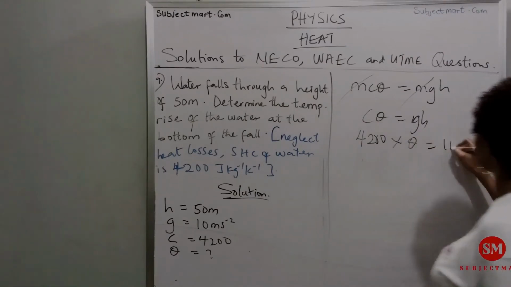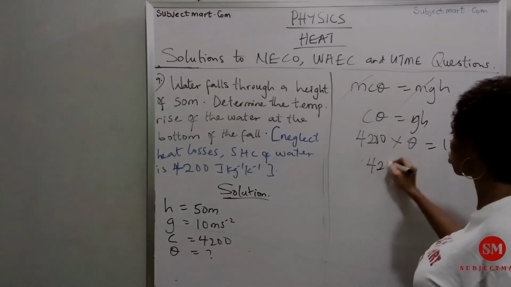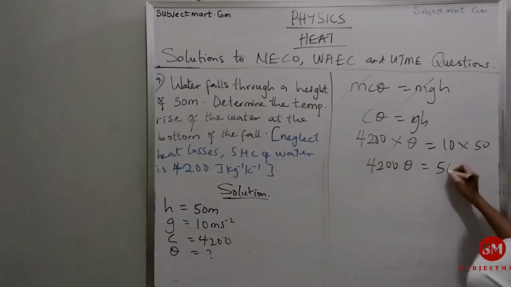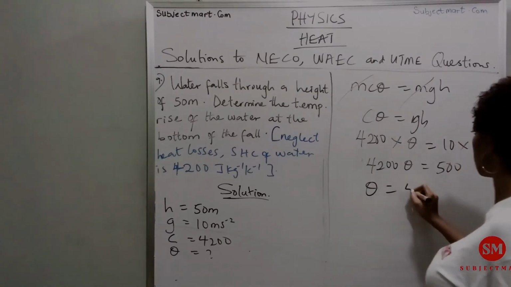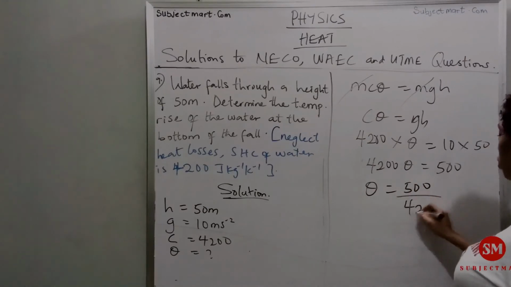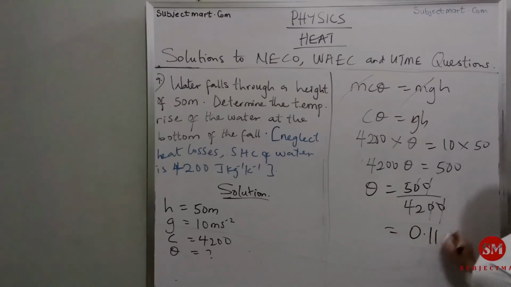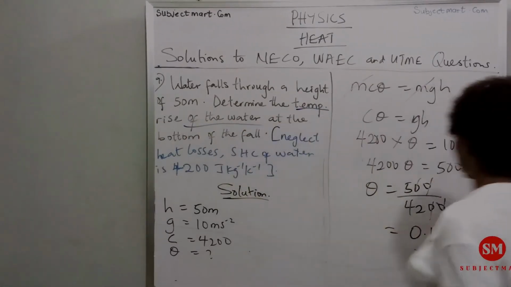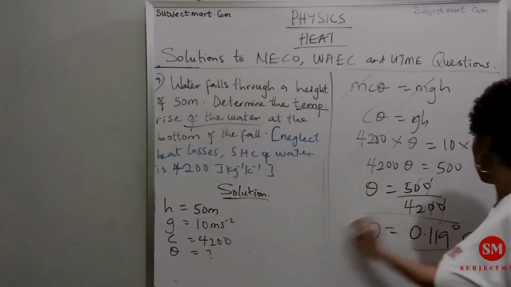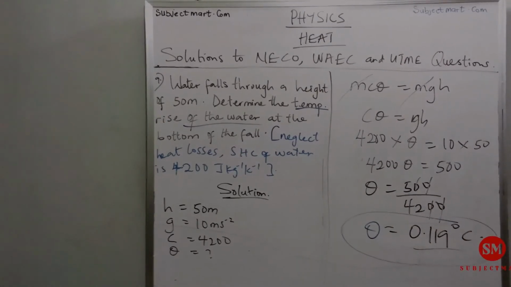Our G is 10 and our H is 50. So I have 4,200 theta is equal to 500. So from here, my theta is equal to 500 over 4,200. So what I have is 0.119 degrees C. So the temperature rise of the water at the bottom of the waterfall is equal to 0.119 degrees C.